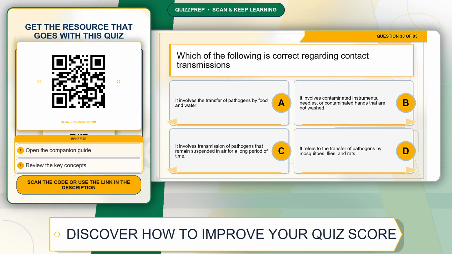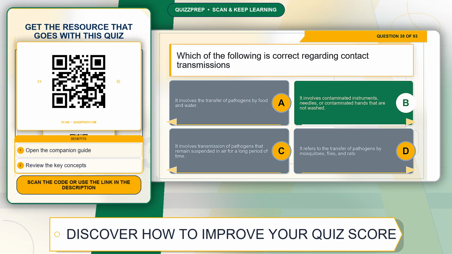Question 38. Which of the following is correct regarding contact transmissions? Option A, it involves the transfer of pathogens by food and water. Option B, it involves contaminated instruments, needles, or contaminated hands that are not washed. Option C, it involves transmission of pathogens that remain suspended in air for a long period of time. Option D, it refers to the transfer of pathogens by mosquitoes, flies, and rats.